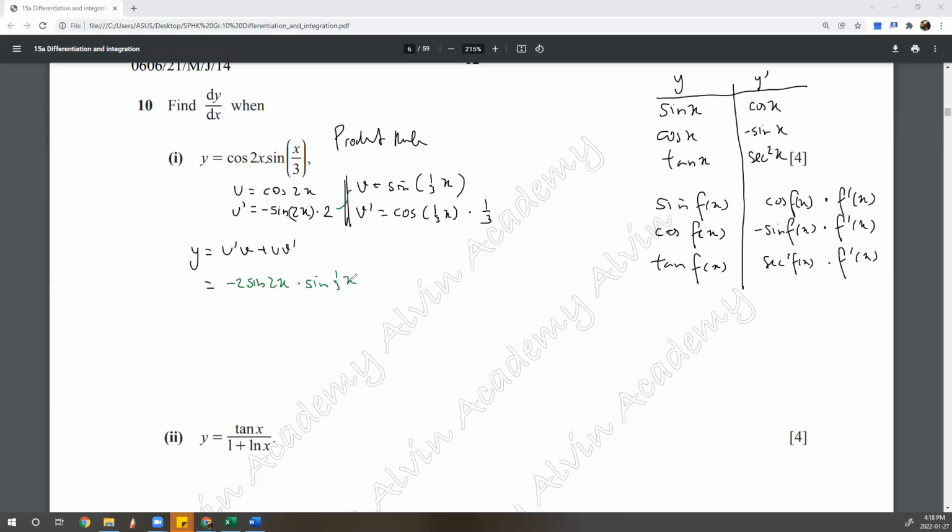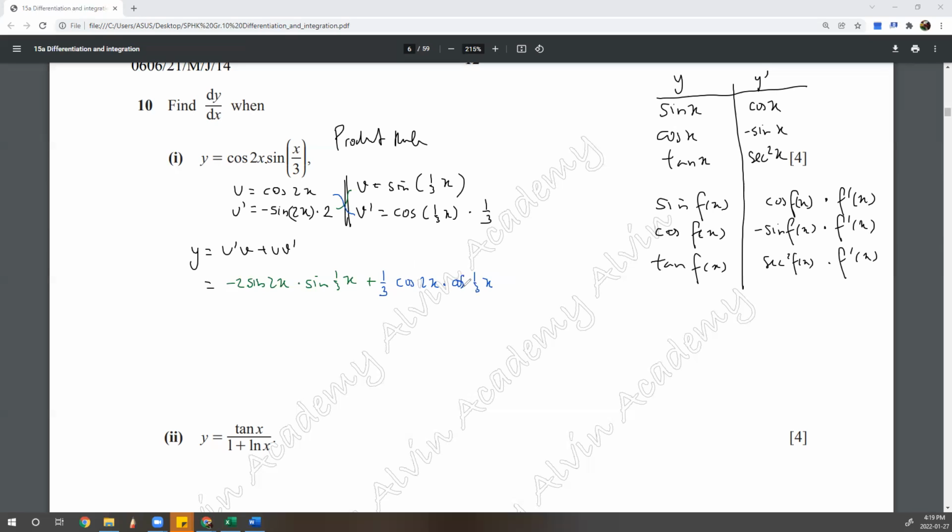I think this is better for our understanding and for the visualization. And then plus, I use the other color, better blue, u v accent, right? So 1/3 is in front. I just put it in front of the equation here, and then cos 2x times cos 1/3 x. That's it.